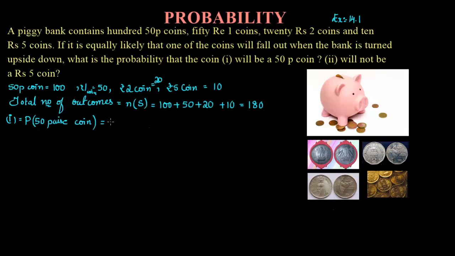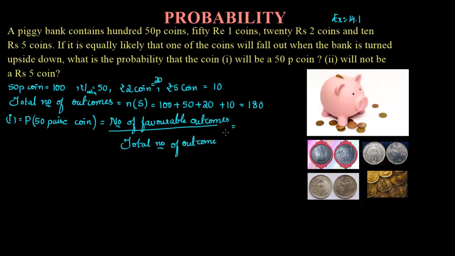It means the same thing, right? So the total number of favorable outcomes is nothing but how many 50 paise coins there are in the piggy bank, right? Number of favorable outcomes divided by total number of outcomes. So now the number of favorable outcomes: how many 50 paise coins are there?